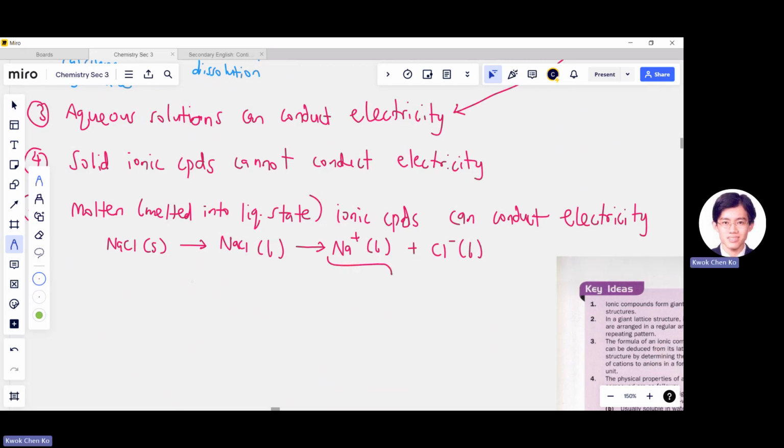That is the key point again. And that, of course, comes back to the same conclusion. They can carry a current.